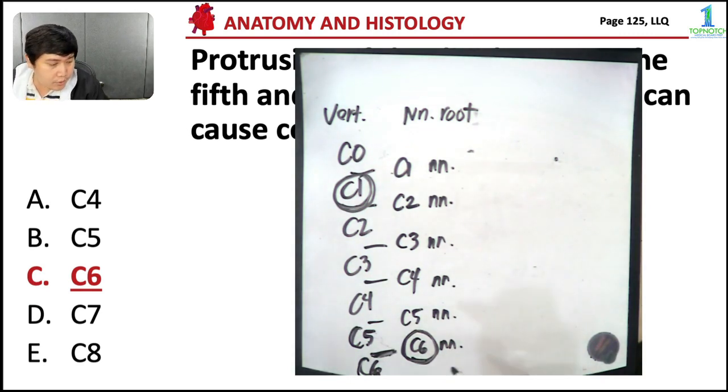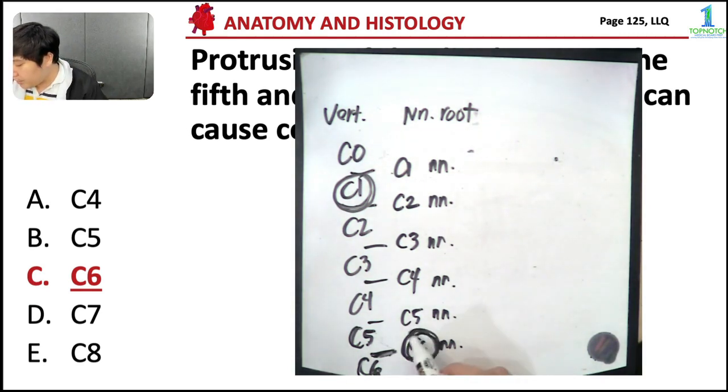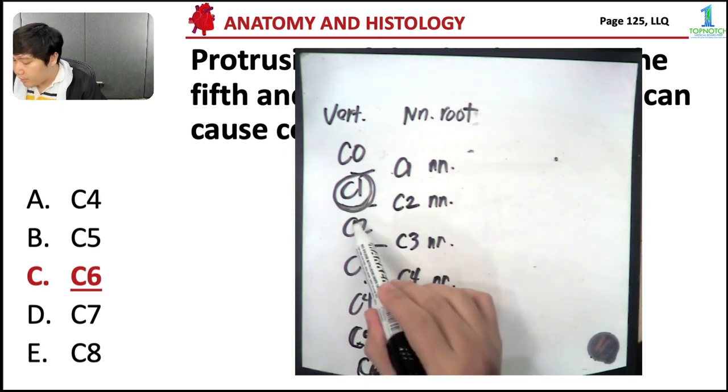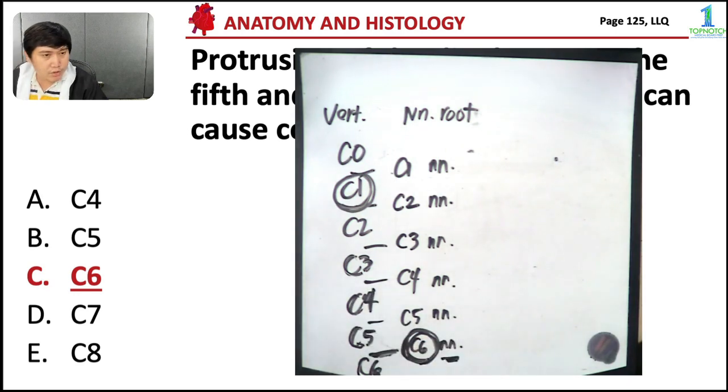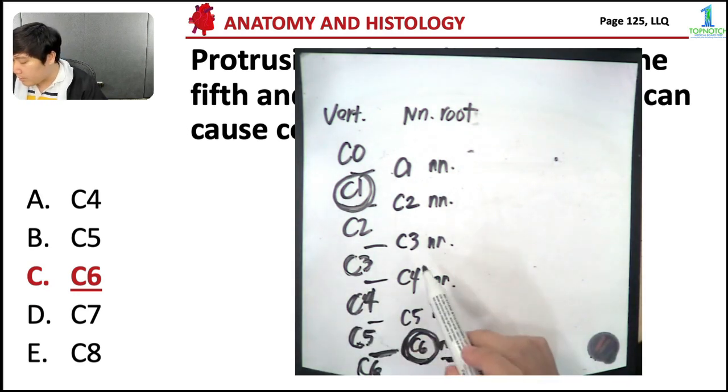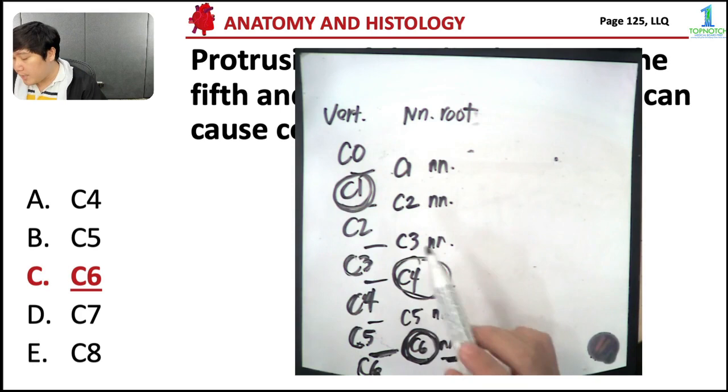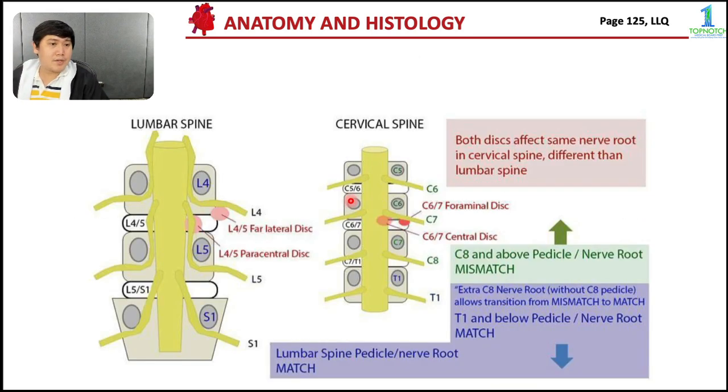So C5-C6 disc herniation will compress the C6 nerve root. For example, let's change it. If you have C3 and C4 disc herniation, what nerve root will get compressed? That will be C4.